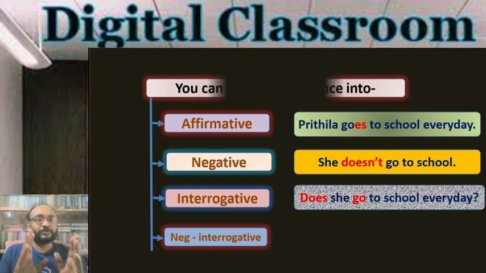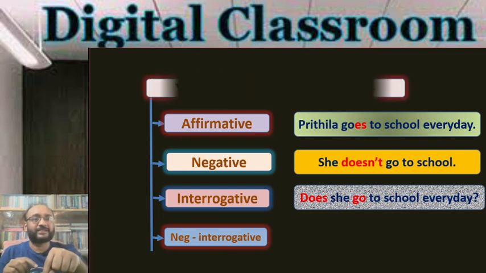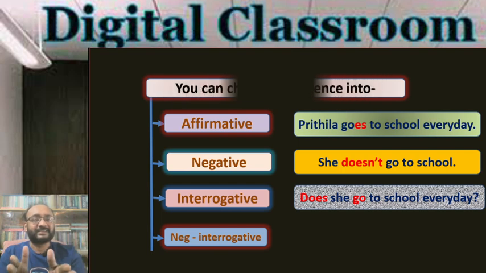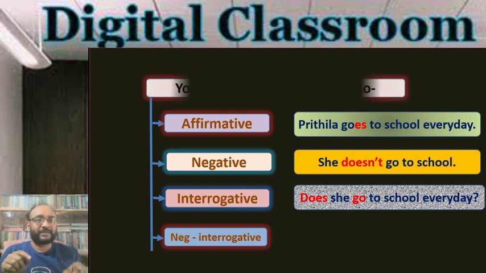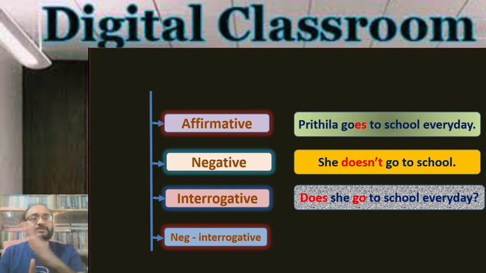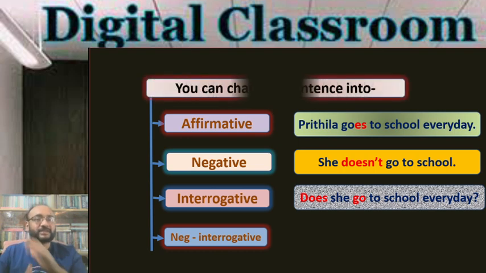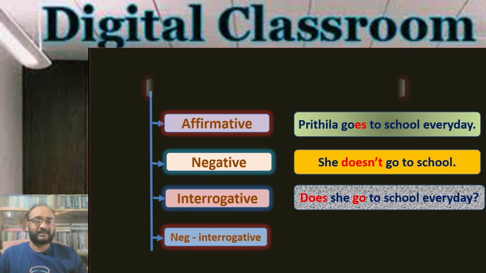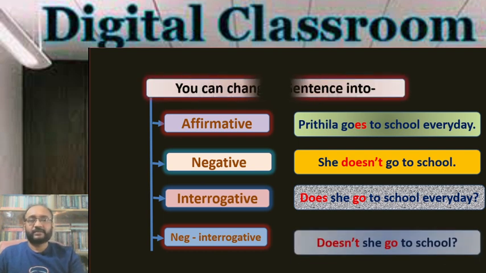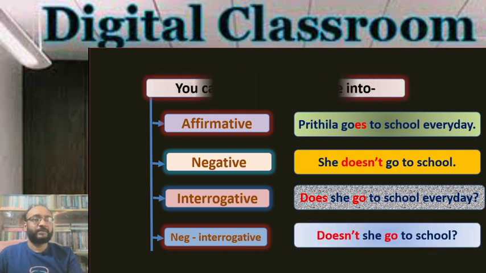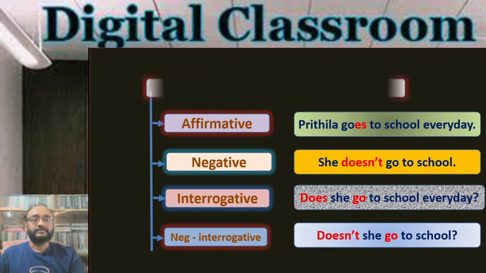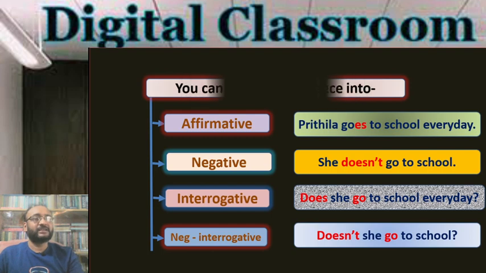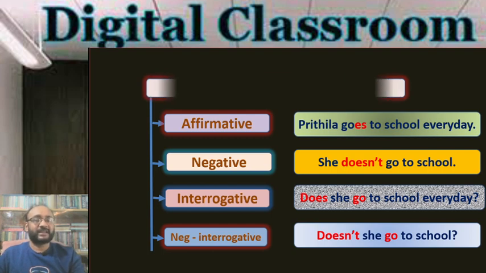If you use not, you must bring the auxiliary verb do, and do has taken es and becomes does. But for a question mark, you have to use the auxiliary verb before the subject. So does she go to school? And next, negative interrogative. So what will be? Doesn't she go to school? It's negative interrogative.